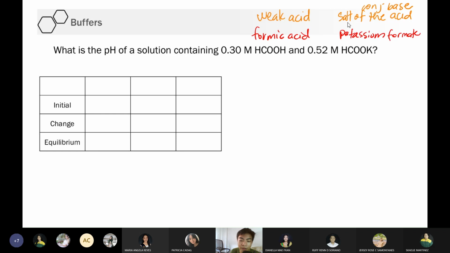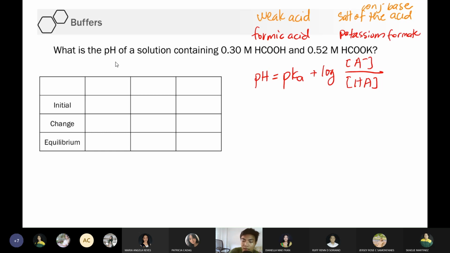Ibig sabihin, we are pertaining to buffer systems. So kapag may buffer system ka, you have to use the Henderson-Hasselbalch equation to get the pH. For acid, the Henderson-Hasselbalch equation is pH equals pKa plus log of the concentration of the conjugate base divided by the acid.